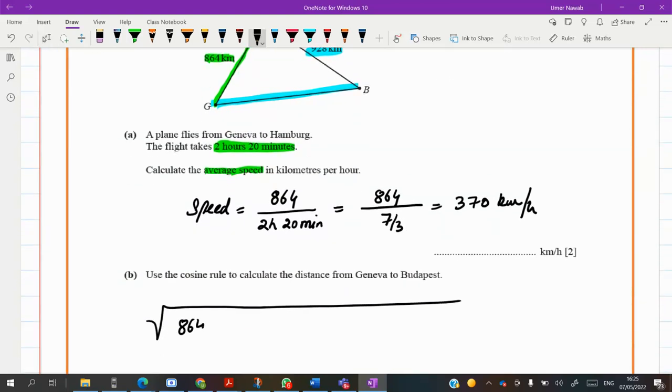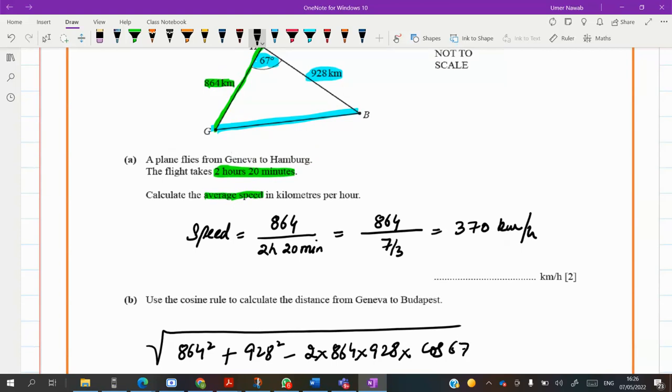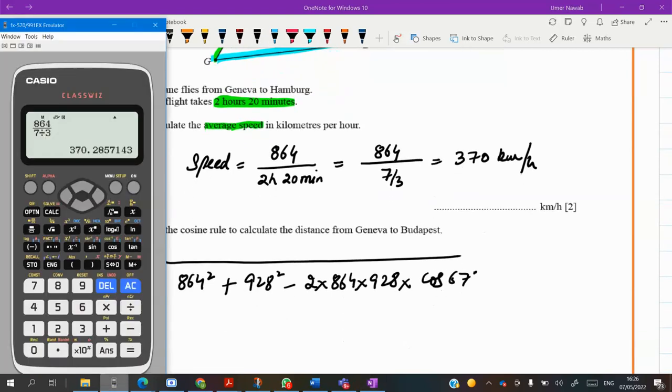So 864 squared plus 928 squared minus 2 times 864 times 928 times cosine of 67.